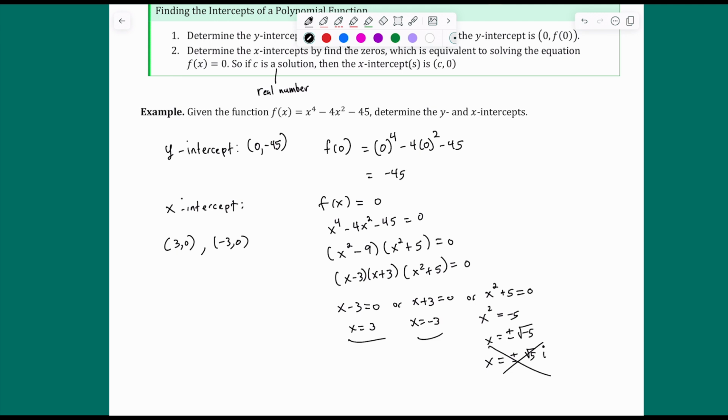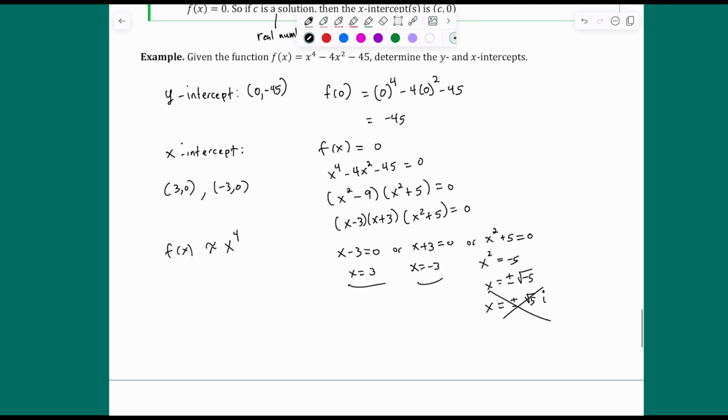So roughly, f of x would behave like its leading term if you're trying to discuss the end behavior. And so you might have a graph that looks something like this. This is a quick rough sketch, not too accurate.